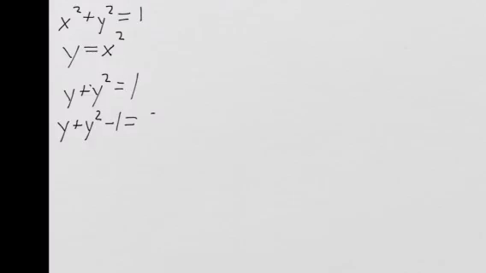So I have y is equal to... y plus y squared is equal to 1. Subtract 1 from both sides. And I could have reordered that too. And now I plug that into the quadratic formula to find y. And then go back to find x.